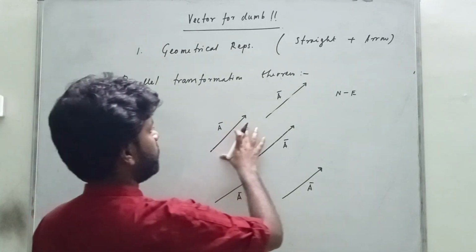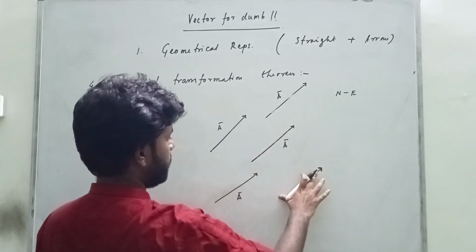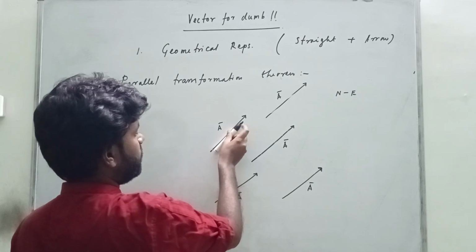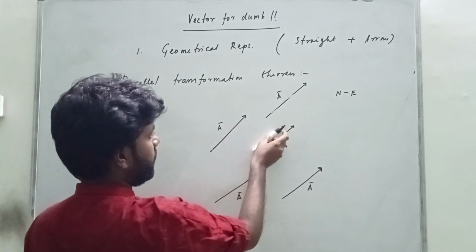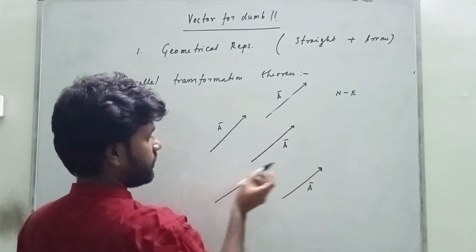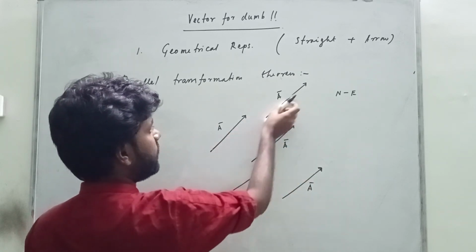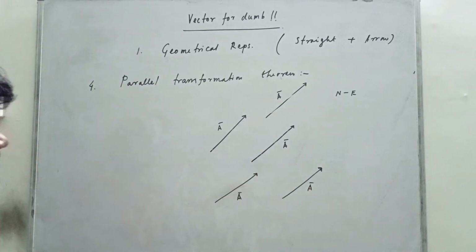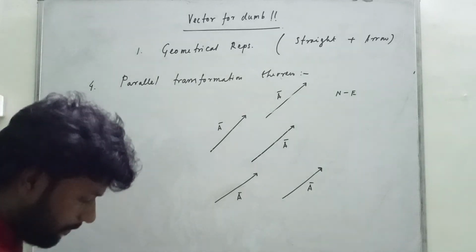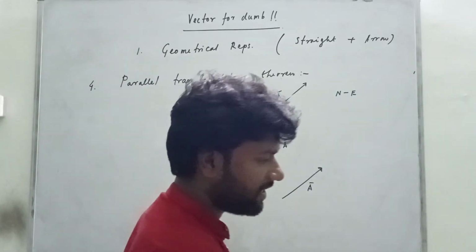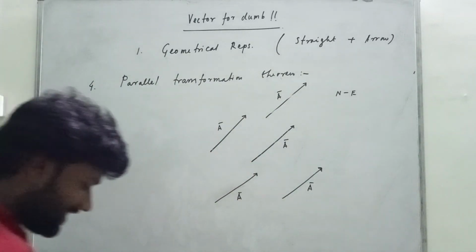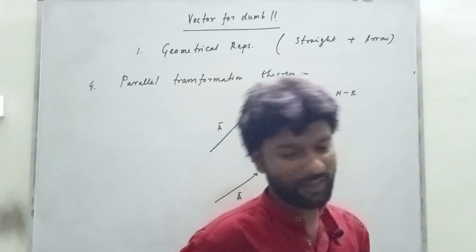If it is A, then obviously it is A, it is A, it is A. Because I just shift my marker pen, the length should not change, and since I shift it parallel to itself, the direction remains fixed. So our number 4 information about vectors is the parallel transformation theorem, the parallel shifting theorem.